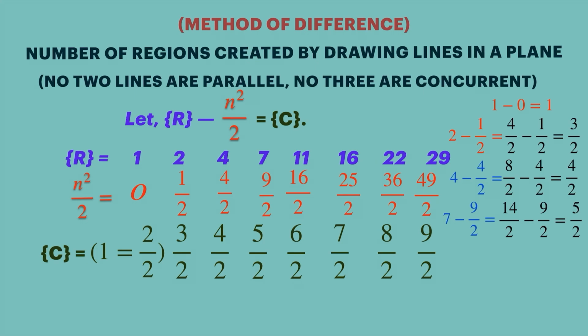So here 0 by 2, that means 0, and 1 by 2, that means half, are missing.